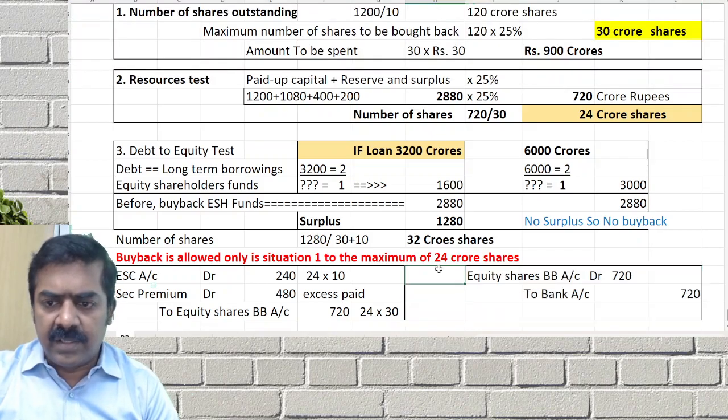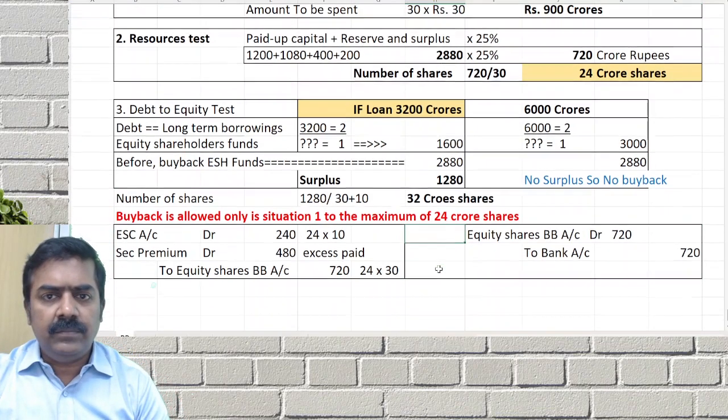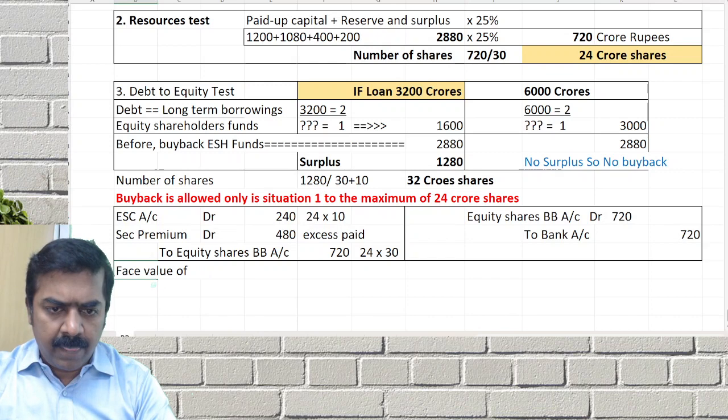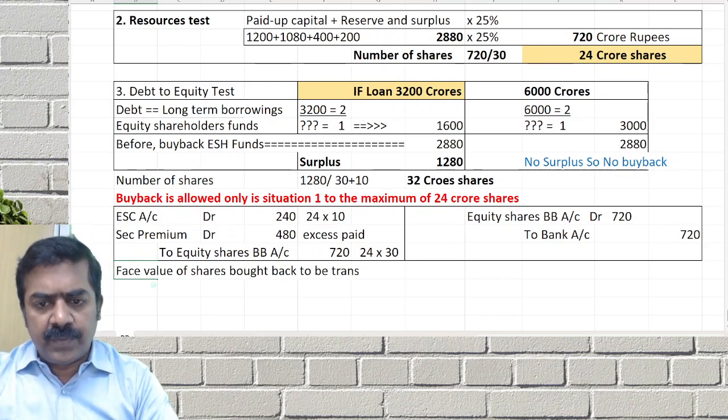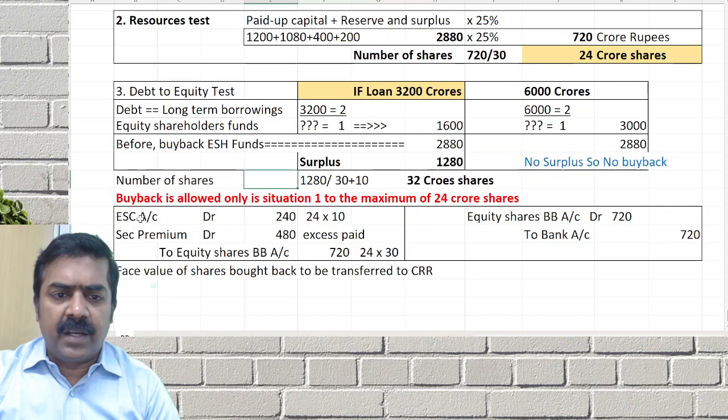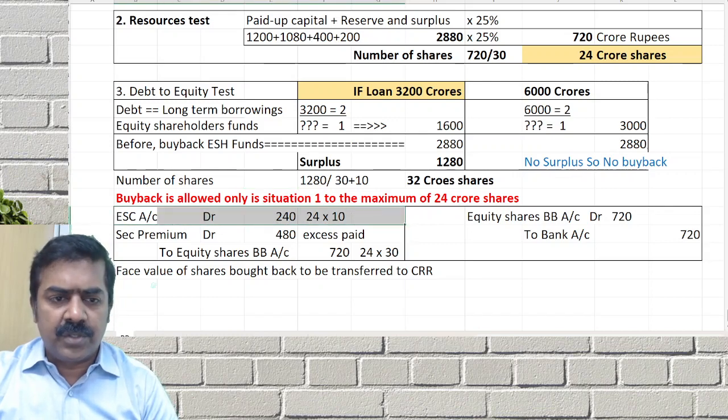Please pass the entry with the narration in the exam. Then face value of shares to be transferred to CRR. What is the face value of shares bought back? 240 crores.